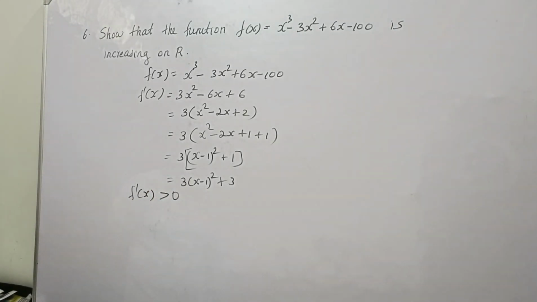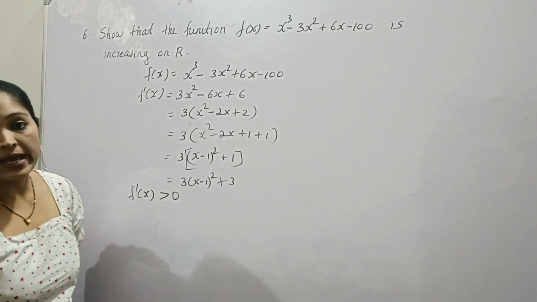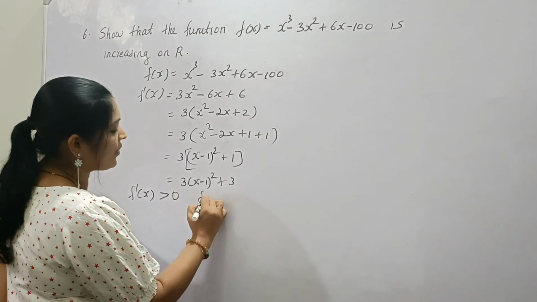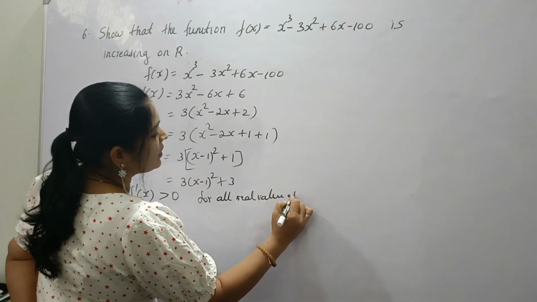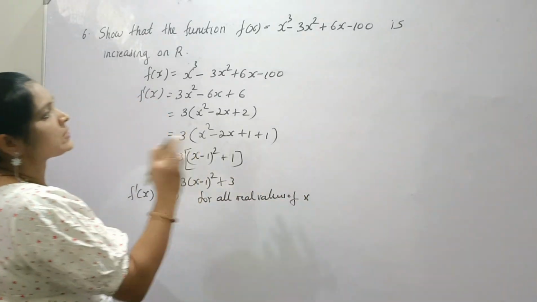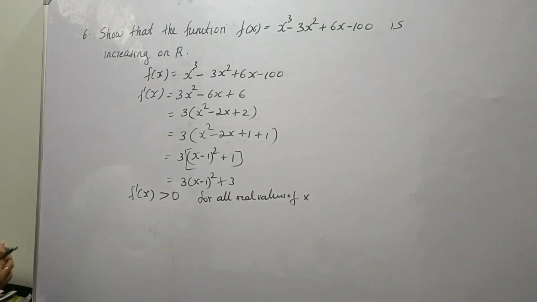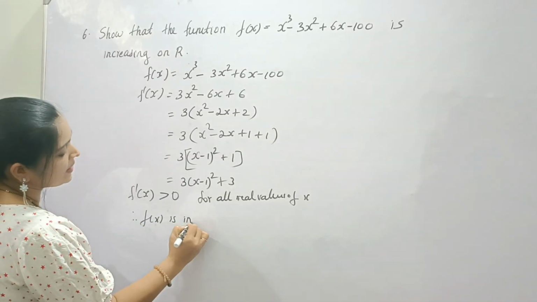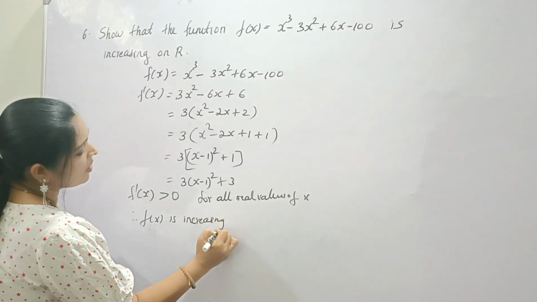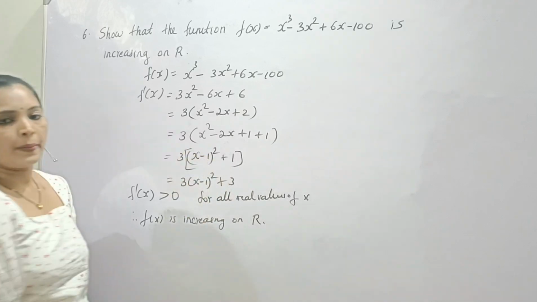So f dash of x is greater than 0 for all real values of x. That means this function is increasing on R. Therefore, f of x is increasing on R.